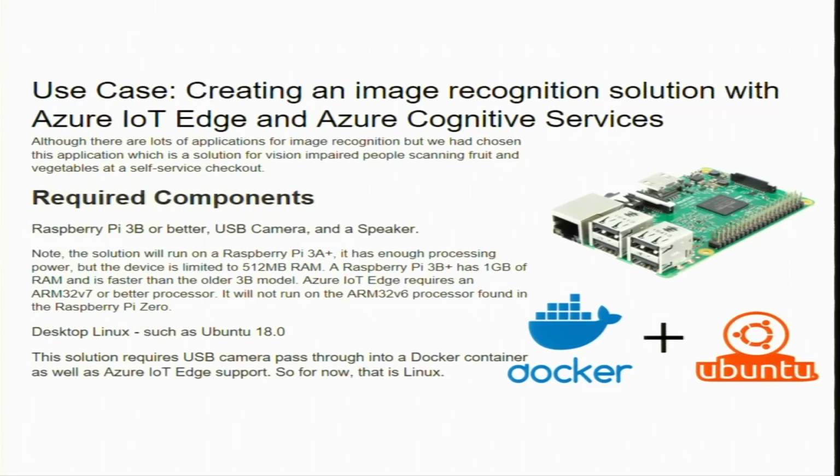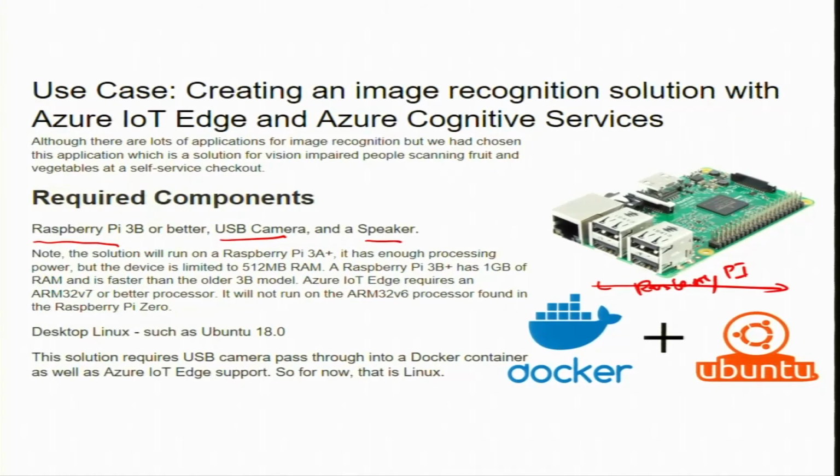So, in this lab session or lecture, some of the hardware which is needed is a Raspberry Pi 3B or better, a USB camera and a speaker. This is the picture of the Raspberry Pi board.